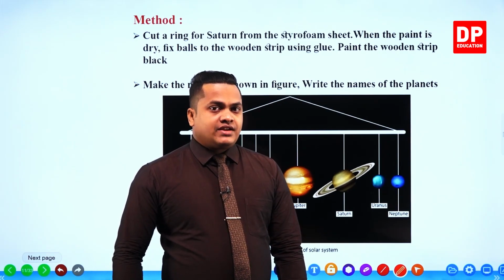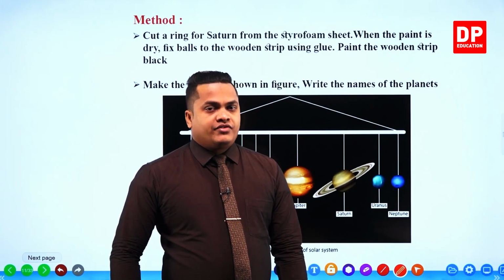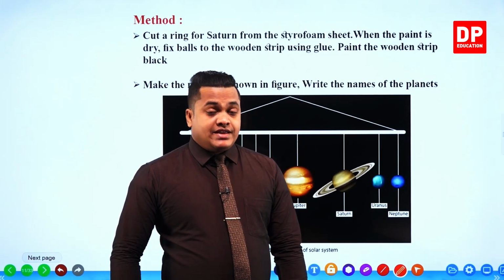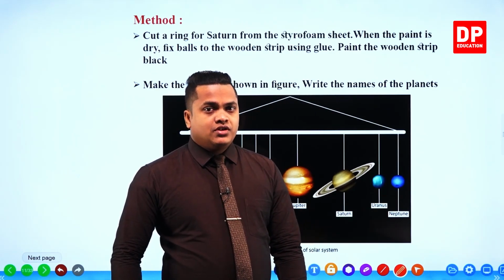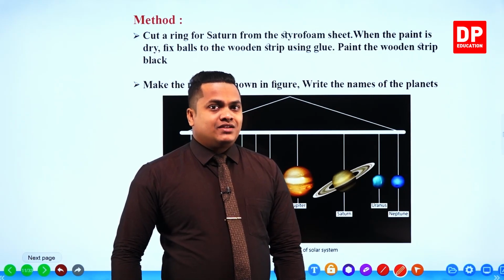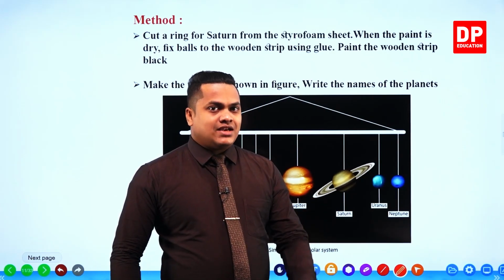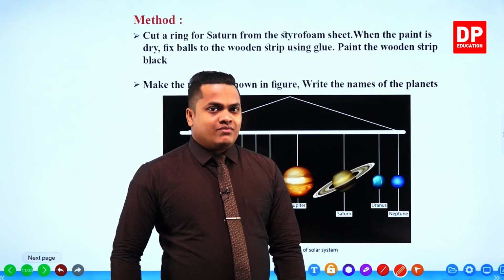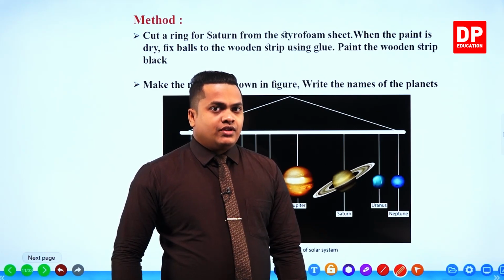It reflects the ratio of the diameters, right? So it is actually not the real size, my dear children, but up to a certain ratio it has been mentioned. By that way you can get some idea about their sizes. So remember to take the balls according to the same ratio given in the earlier slide.